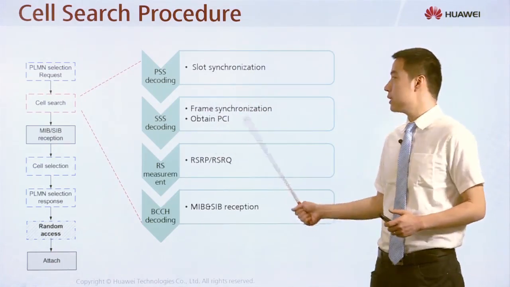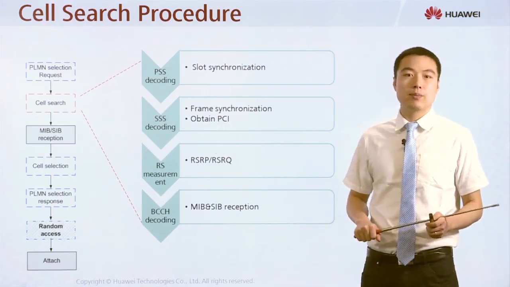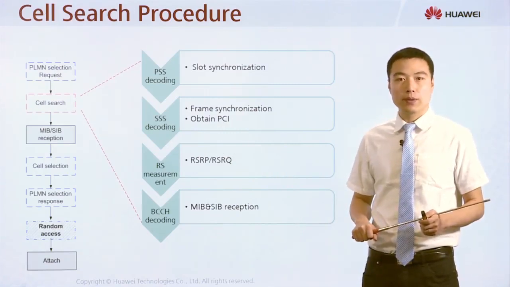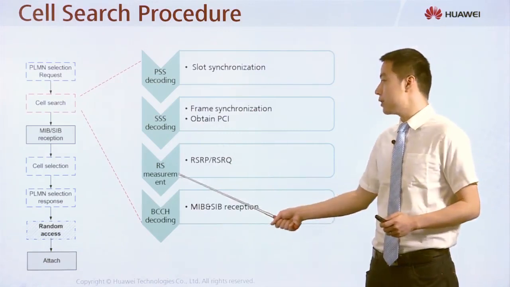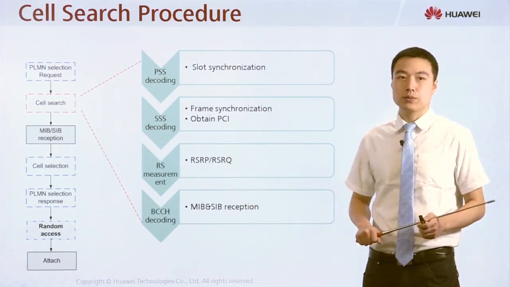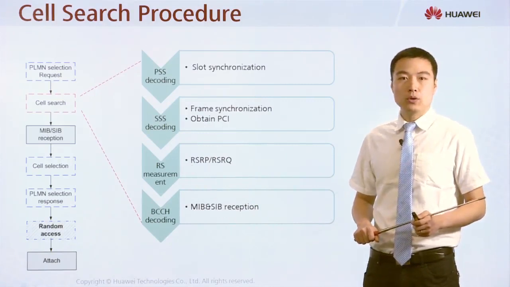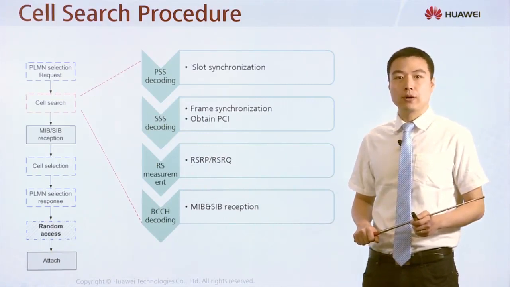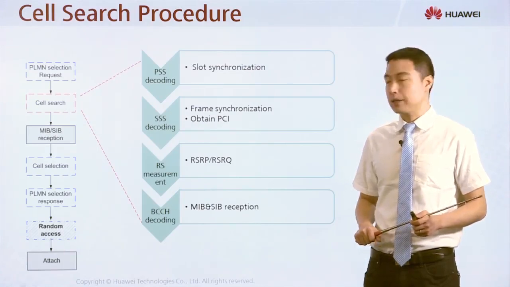We call it PCI. After UE gets the PCI of the current cell, UE will use the PCI to decode the reference signal and the broadcasting signals. So in the third step, UE will read the reference signal of the cell. UE will measure the signal quality and the signal strength of that cell.